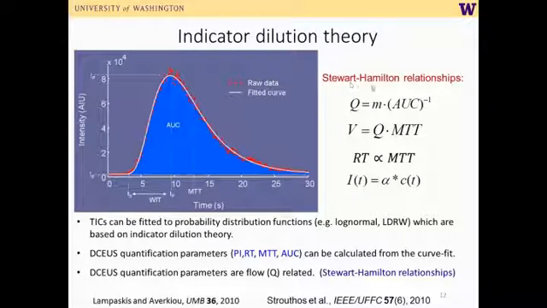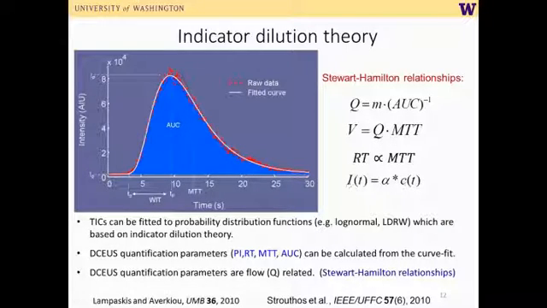There are the so-called Stewart-Hamilton relationships, which connect these parameters with flow. For example, flow Q is inversely proportional to the area under the curve, and also flow Q is inversely proportional to mean transit time. Keep in mind that rise time and mean transit time are proportional, so this relation also applies for rise time.